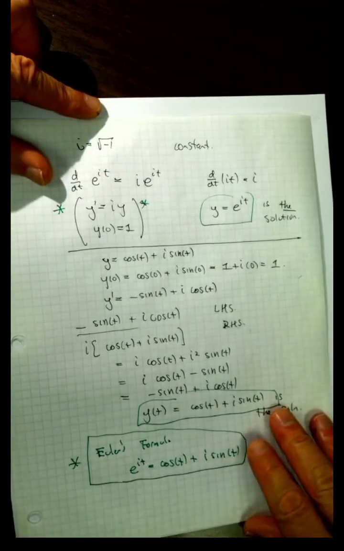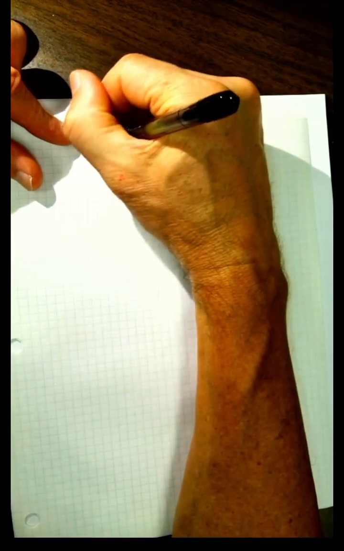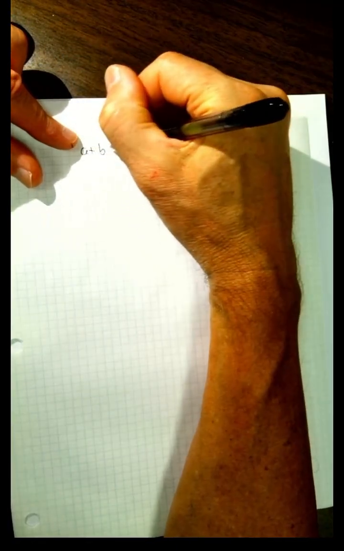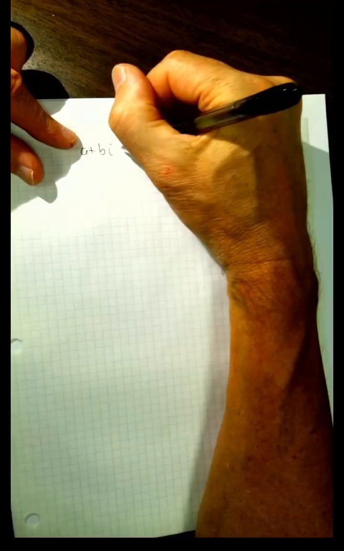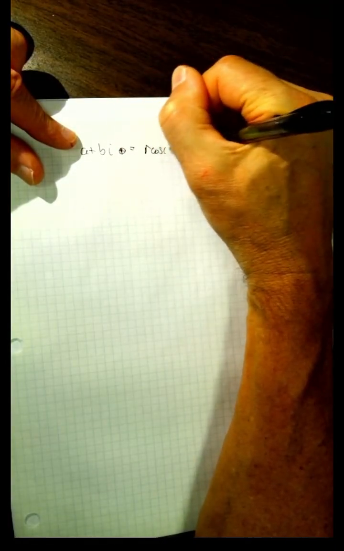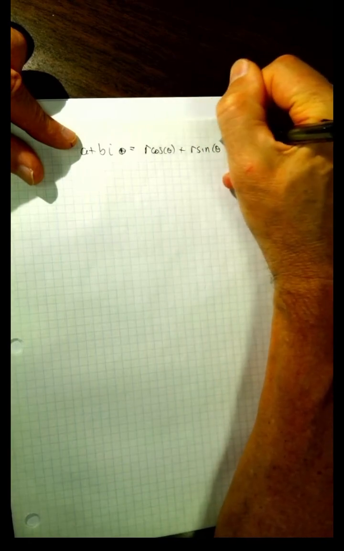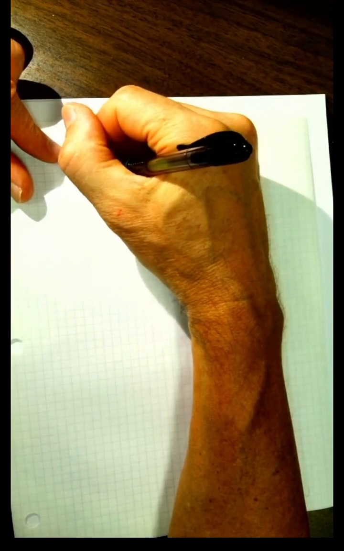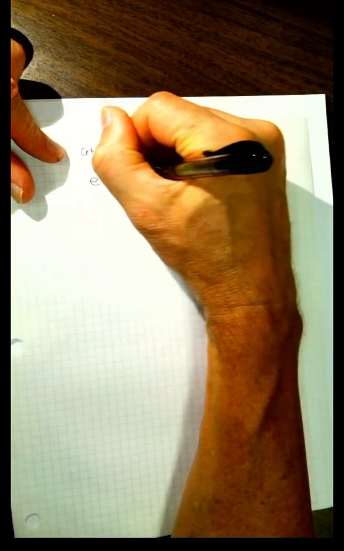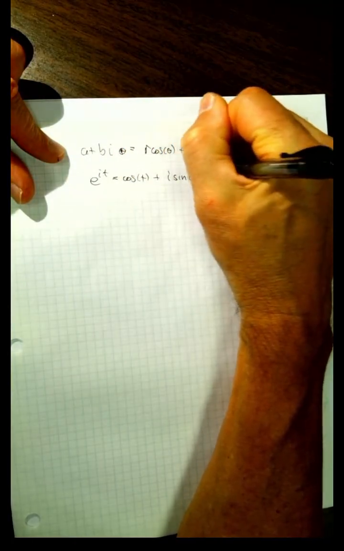Okay. So what does that have to do with Euler form for complex numbers? So again, we said the complex number is a plus bi, this rectangular form. I can write a as r cosine theta and b as r sine theta. Notice we just said that e to the it is cosine t plus i sine of t.